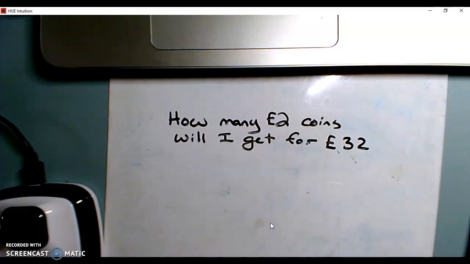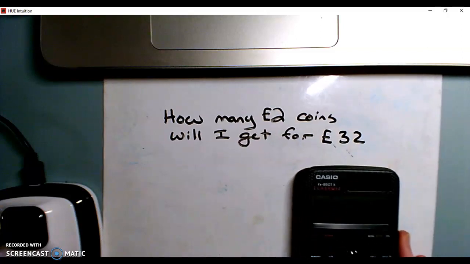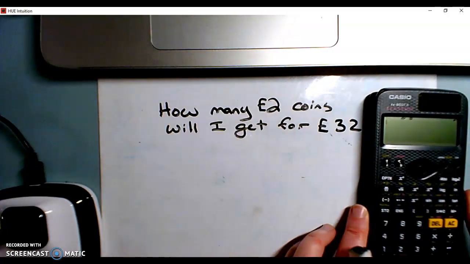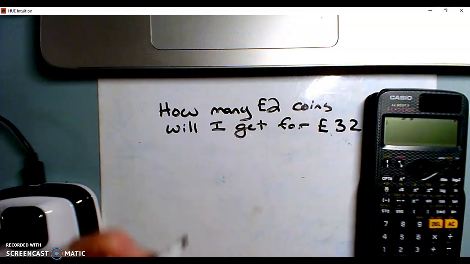Let's look at one last question. So how many £2 coins will I get for 32 pounds? So pause the video. Press play when you're ready. Okay, so here I have 32 pounds, but unfortunately all they can do is pay me in £2 coins.